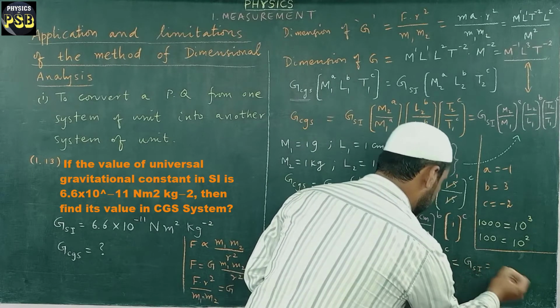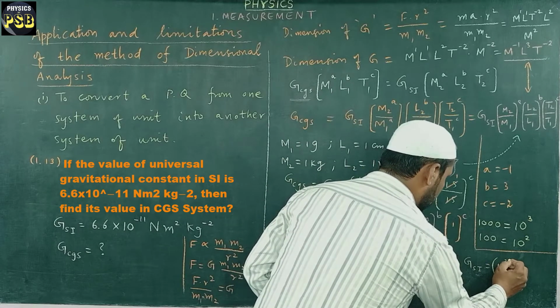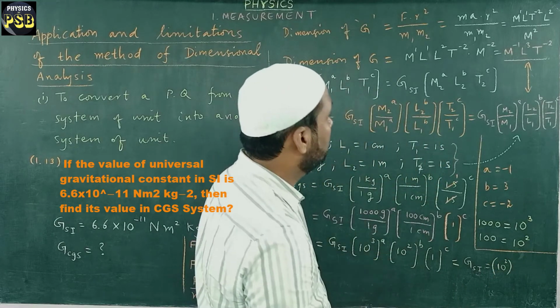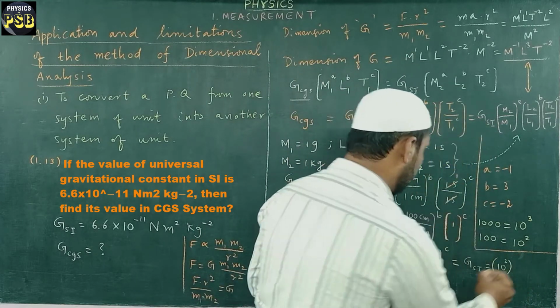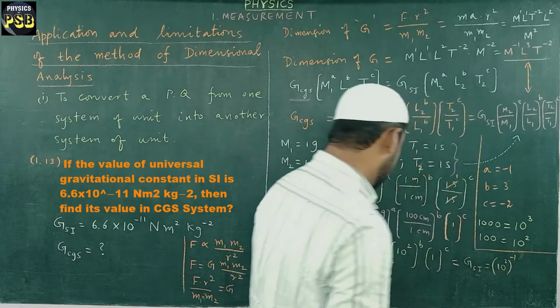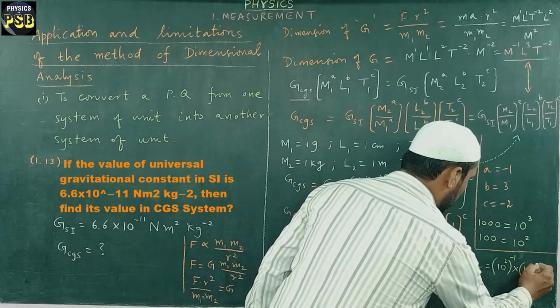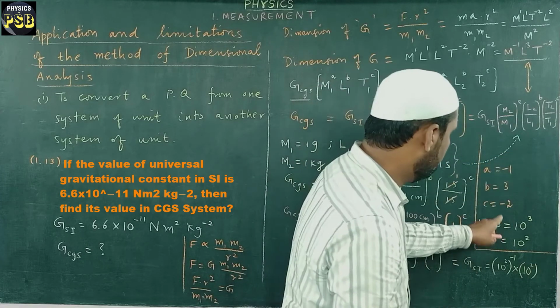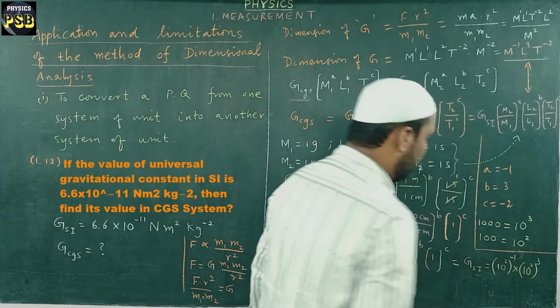Yes, I is equal to 10 power 3. And the value of A is minus 1, the power minus 1. Then it's multiplied with 10 power 2. And the value of B is 3, raised to power 3.